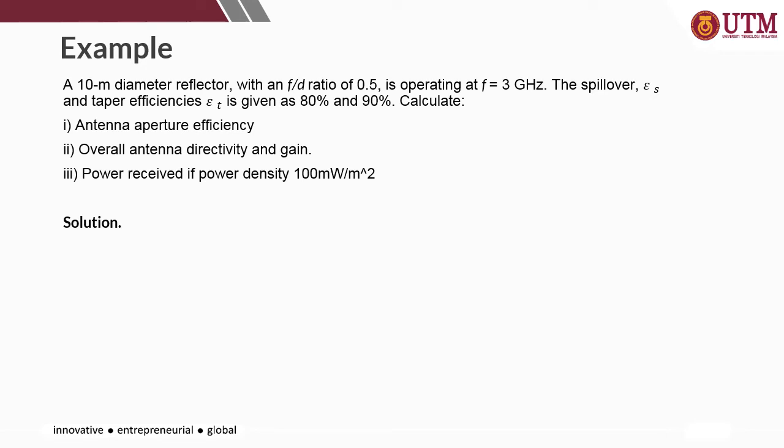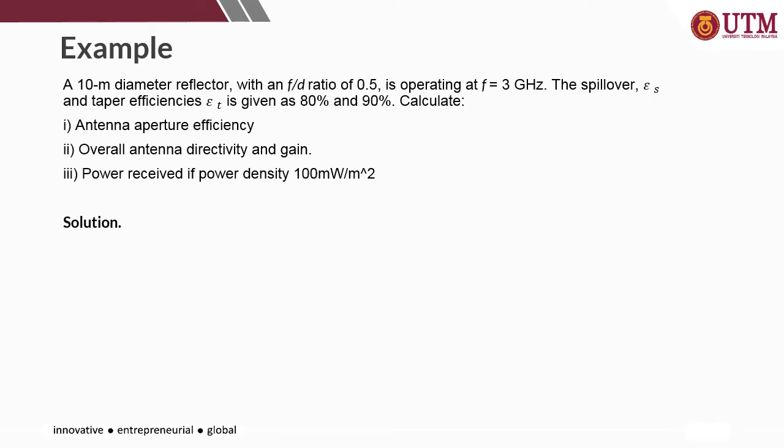The spillover and taper efficiencies are given as 80% and 90% respectively. Calculate the following: first, the antenna aperture efficiency; second, the overall antenna directivity and gain; and lastly, the power received if a power density of 100 milliwatt per meter squared is used.